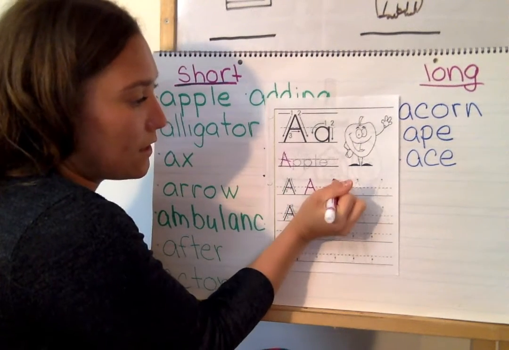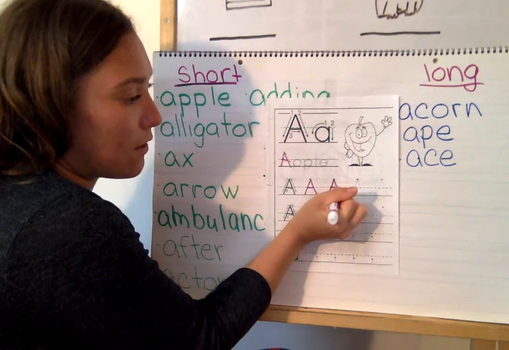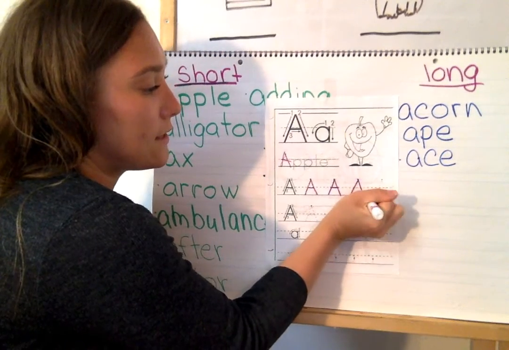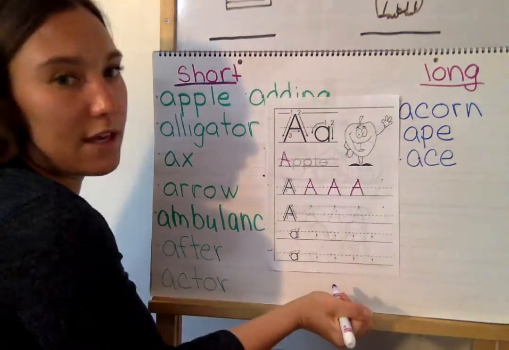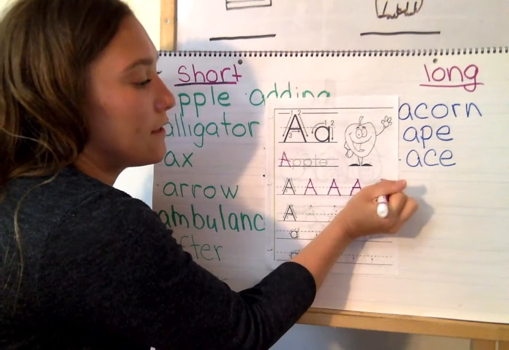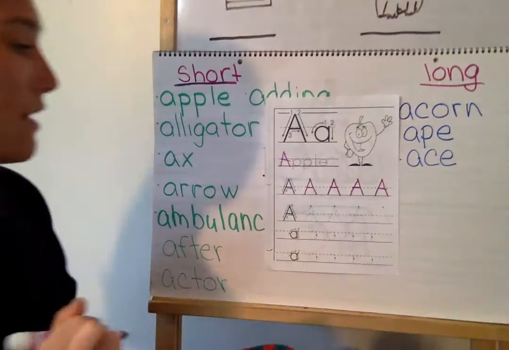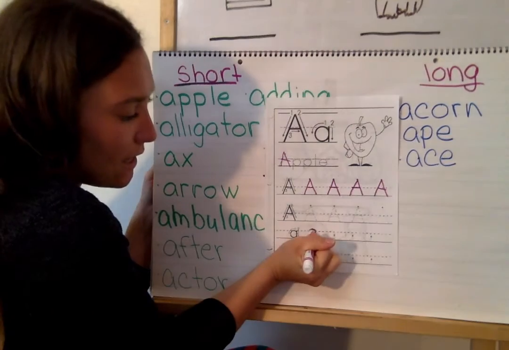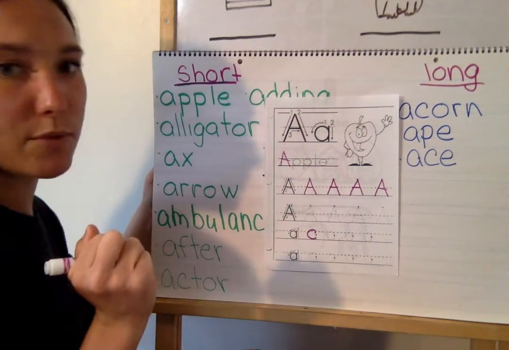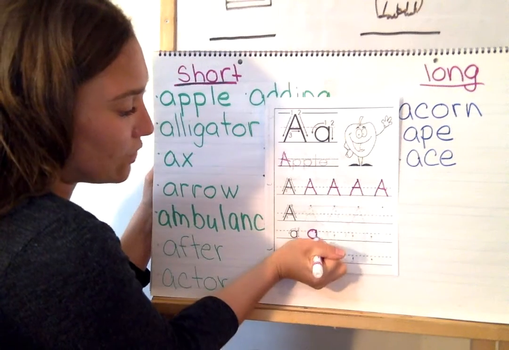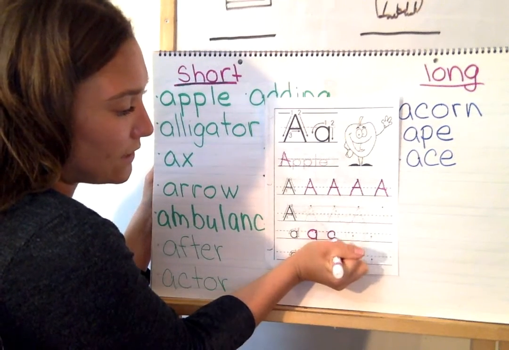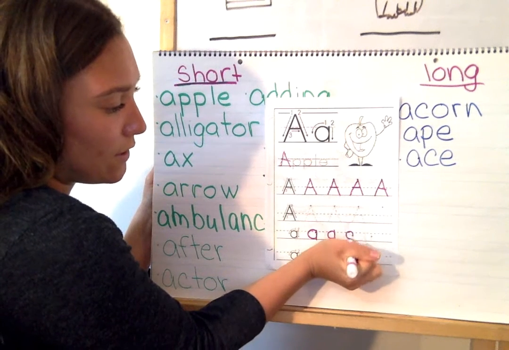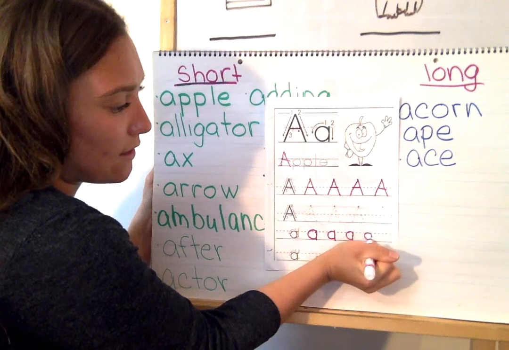So 1, back up, 2, across is 3. For our lowercase a's, you make your C, jump back up to the dotted line, and go straight down. Just like that.